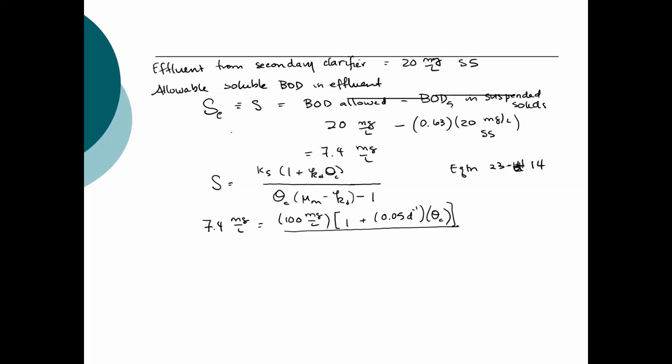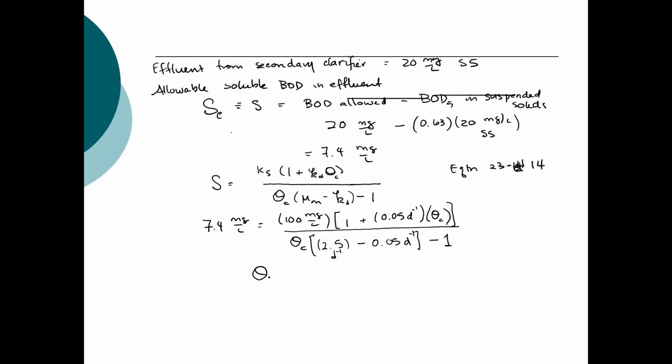What we're looking for is that mean cell residence time, times 2.5 inverse days, minus 0.05 inverse days, minus 1.